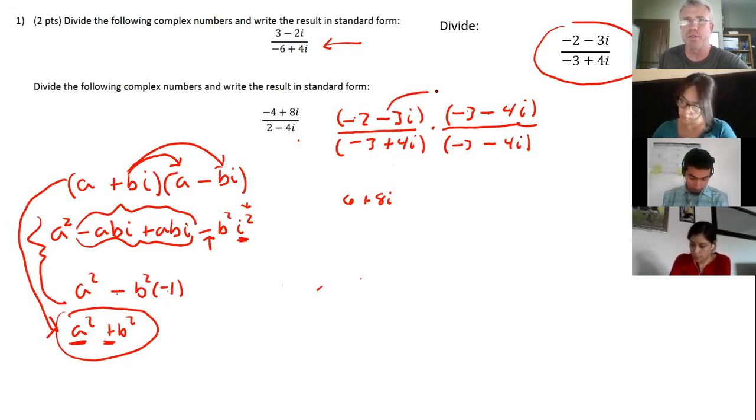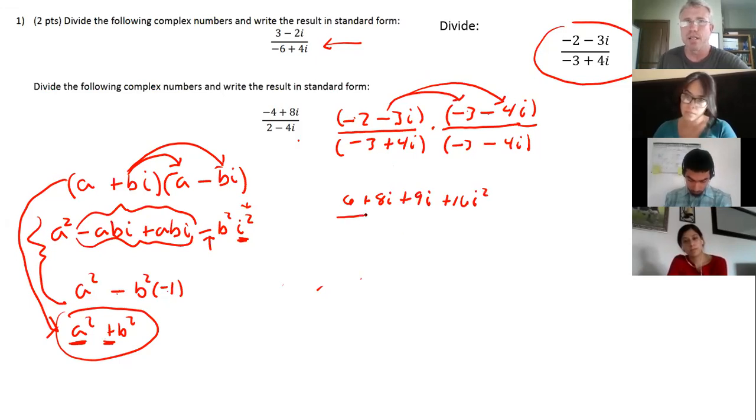So I get -3 times -3 is positive 9i. And then over here, I'm going to get the -3 times the -4, which is going to give me plus 16. But I also get an i times an i, which is an i squared. And this is going to be all over.